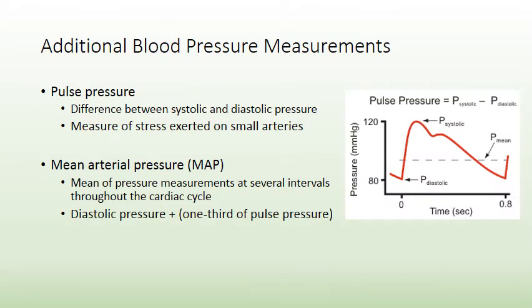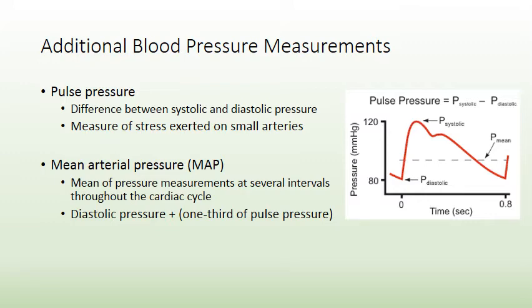There are additional types of blood pressure measurements that can be taken and used for different purposes. One of them is called the pulse pressure. The pulse pressure is fairly simple to calculate. It is the difference between the peak systolic and the lowest diastolic pressure.